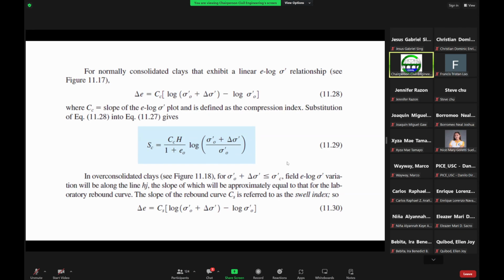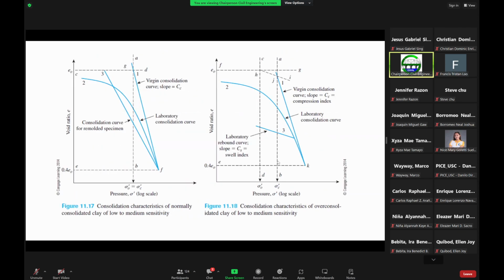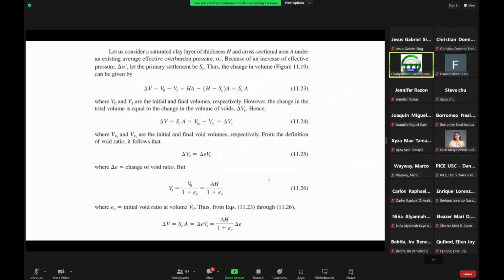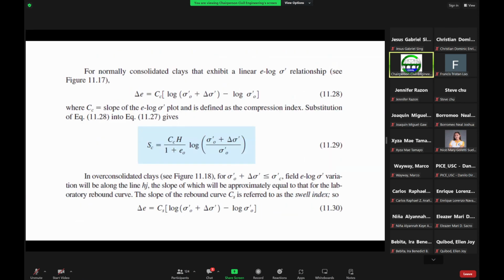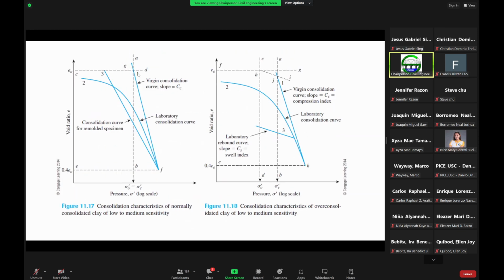If we go back here, so this one here, yeah. There we can see that the change in the void ratio would be equal to the compression index, which is basically the slope of this e-log P plot. Yeah, this is now your C sub C.